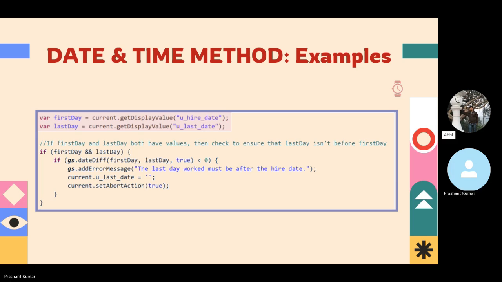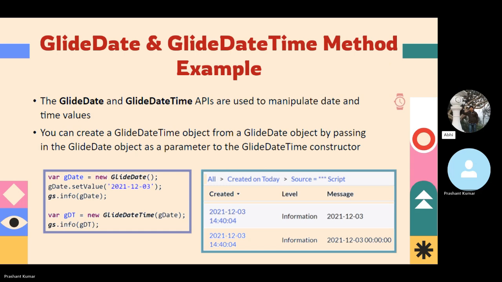Suppose we are on the incident table, then current means it is the incident table. Similarly, current in scripting for another table will execute for that specific table wherever it is defined. So these are the APIs for glide date and glide date time.